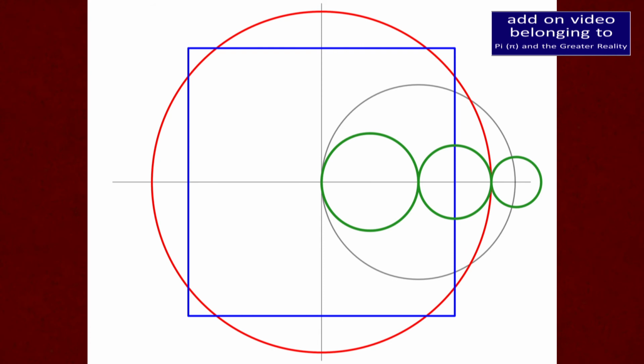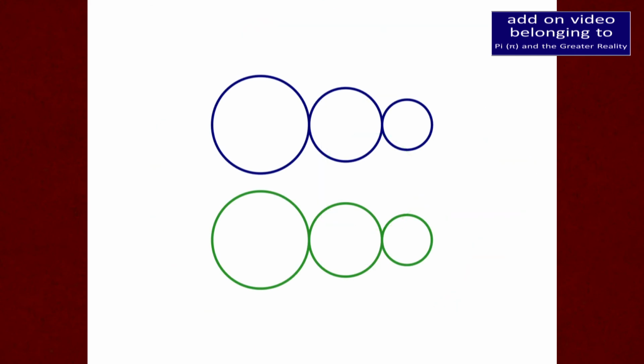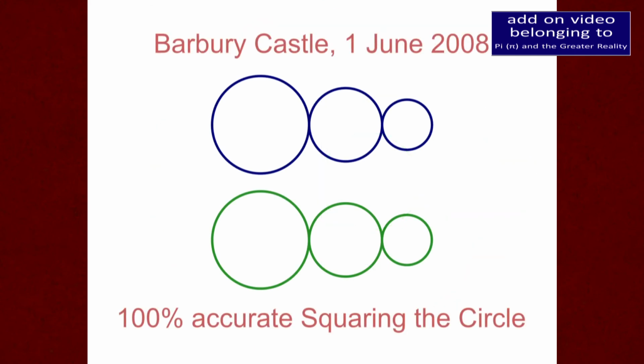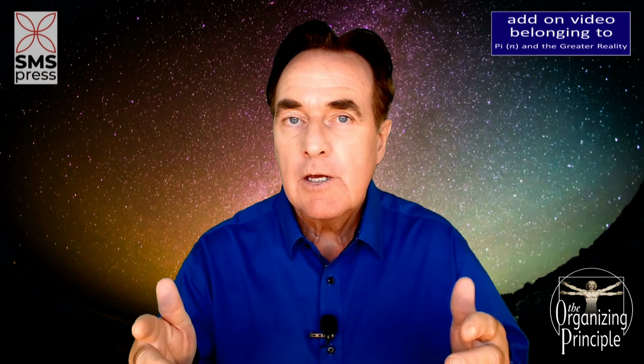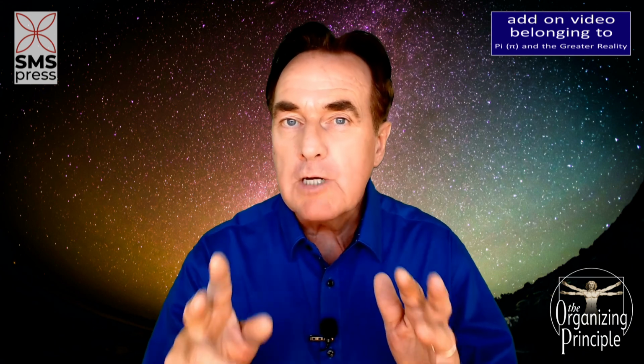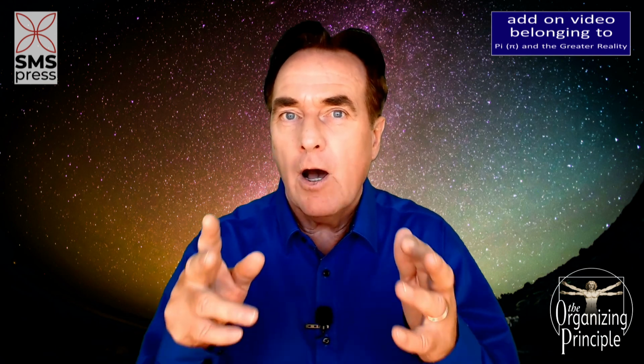We now have 3 circles in a row. They are identical to the 3 circles that were present in the crop circle. In other words, the 3 circles that were present in the crop circle were representing squaring the circle or the shape of spirit with 100% accuracy.